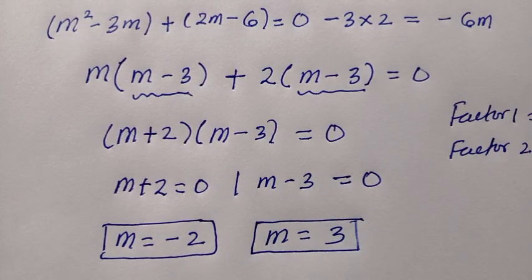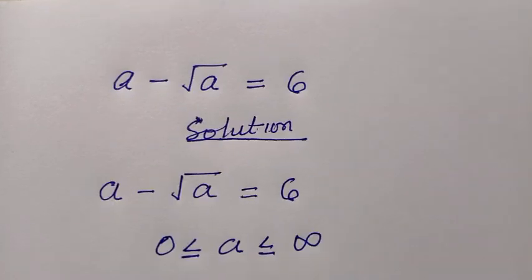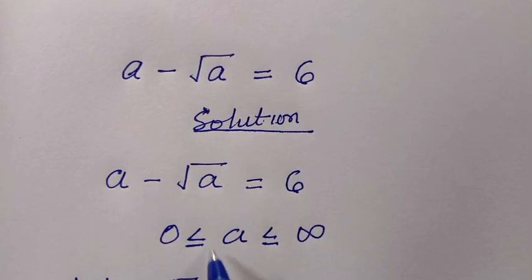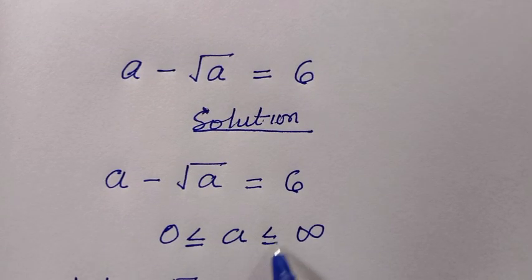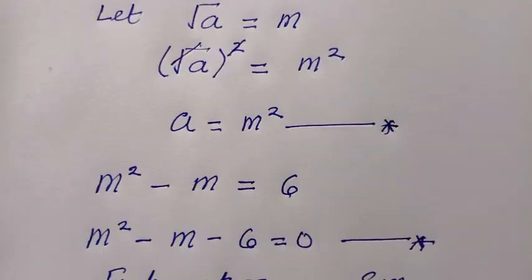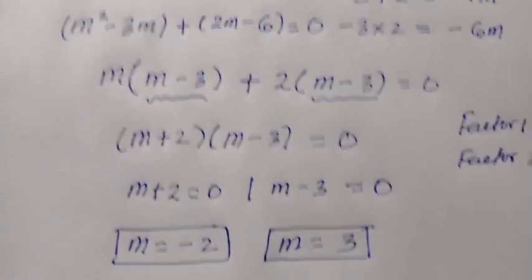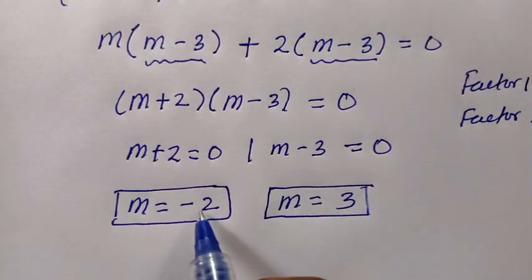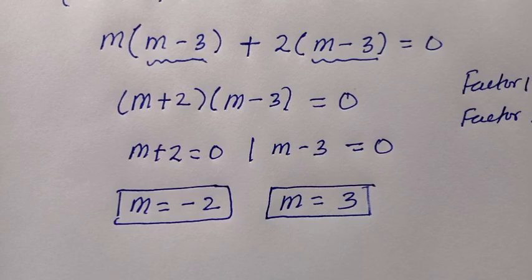But from the given conditions, we have the value 0 less than or equal to a, and a less than or equal to infinity. As the values of m we get here, we have m is minus 2 and m is plus 3.